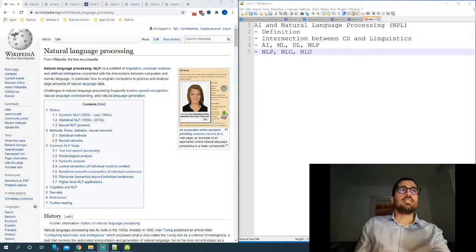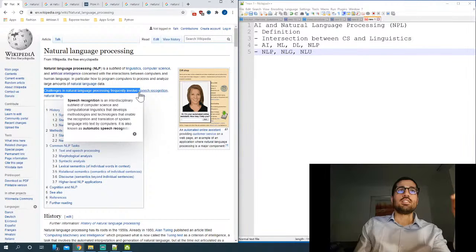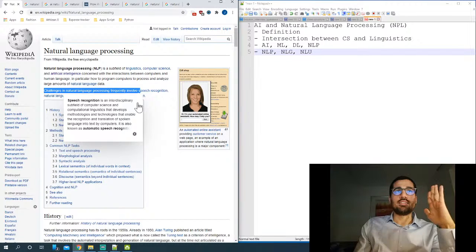Challenges in natural language processing frequently involve speech recognition. So when there is a voice interface, then that voice, that acoustic signal has to be translated into digital signal.